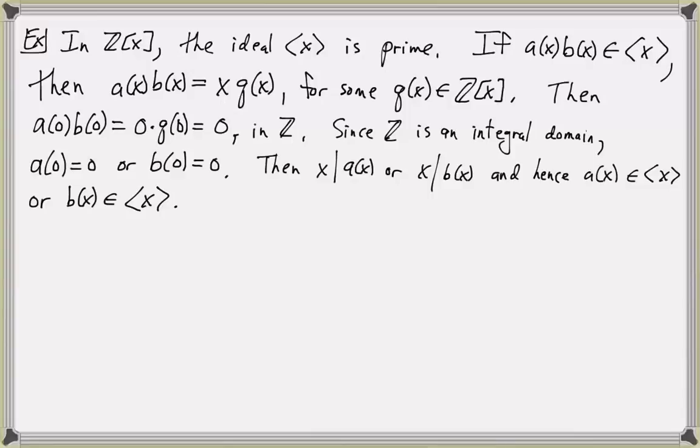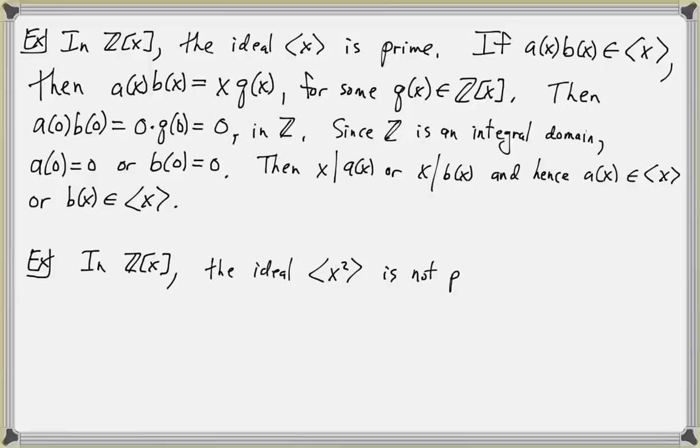Now, in the same ring, let's look at an example of an ideal that's not prime. The ideal generated by x squared is not prime. So this is the ideal of polynomials that are multiples of x squared.